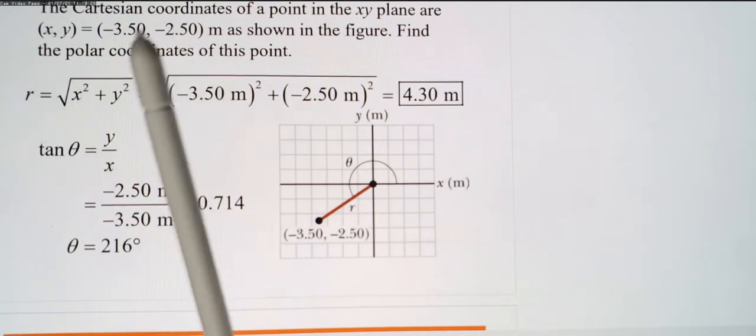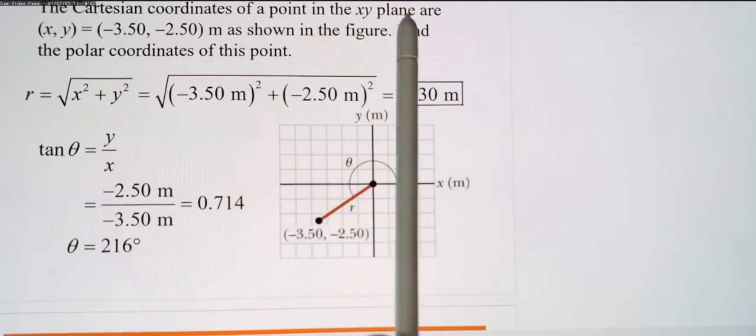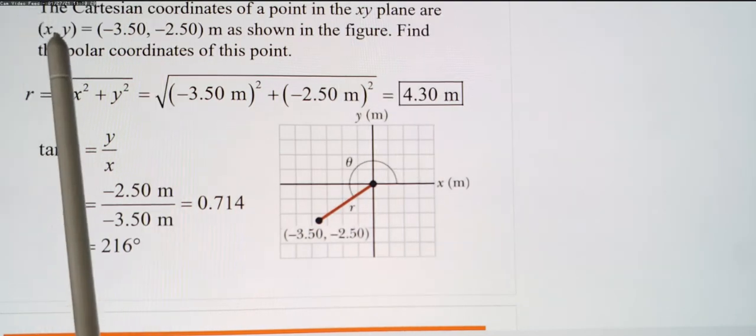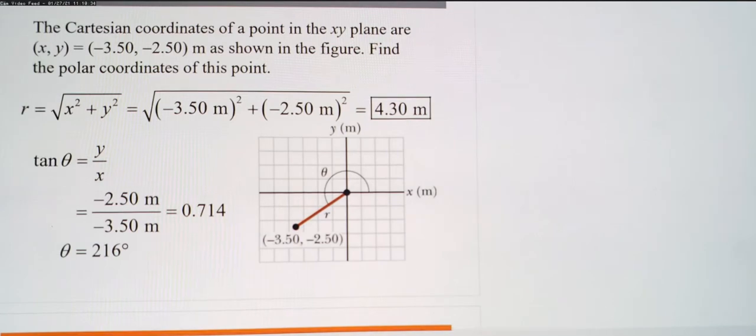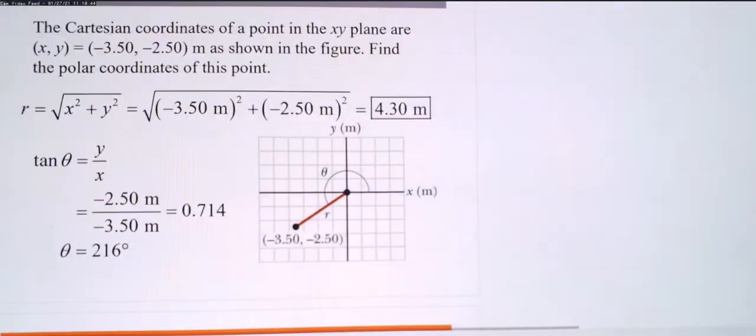The Cartesian coordinates of a point in the xy plane are given as shown in the figure, and the unit is meter. Find the polar coordinates for this point.